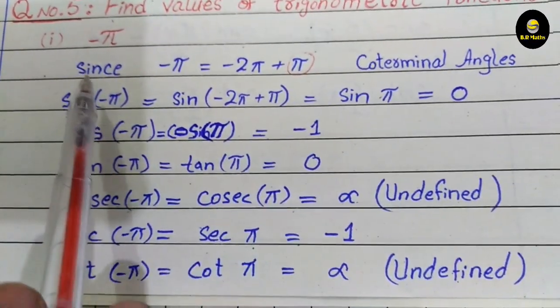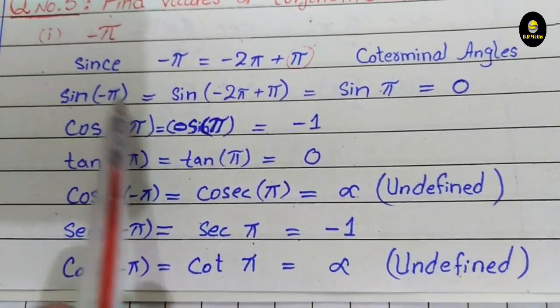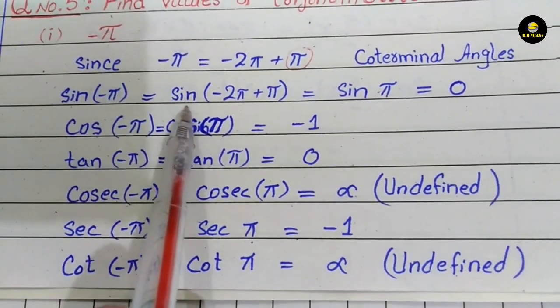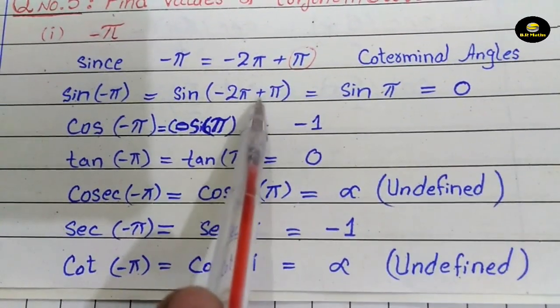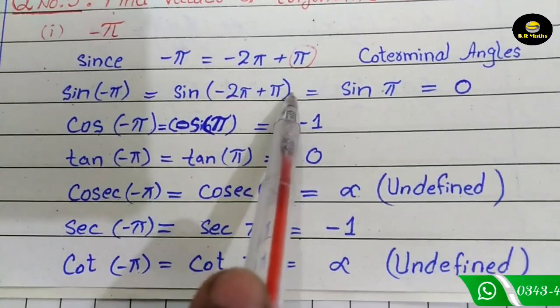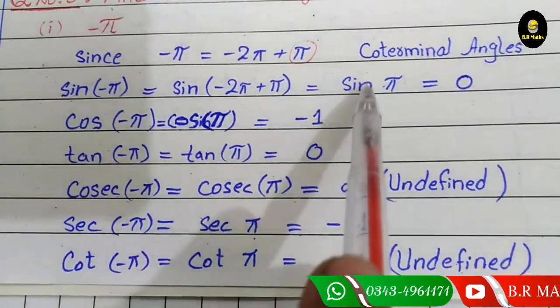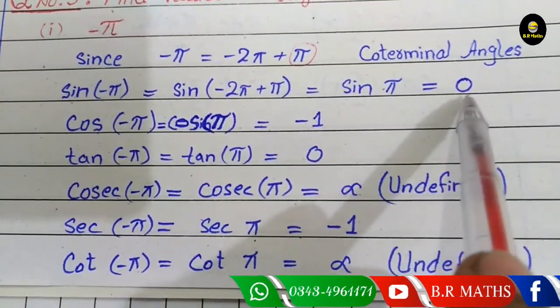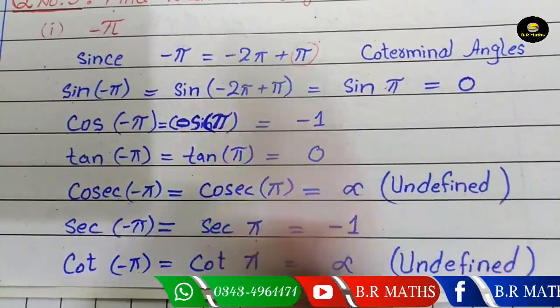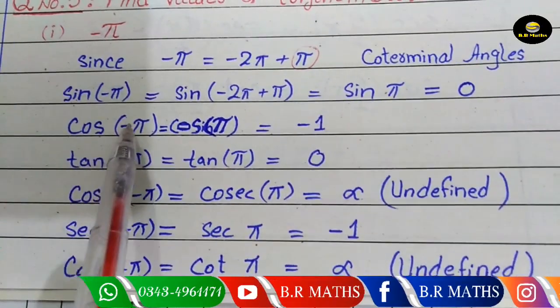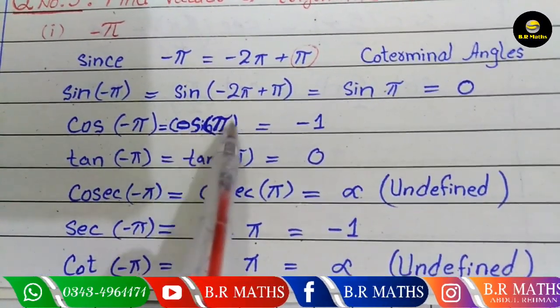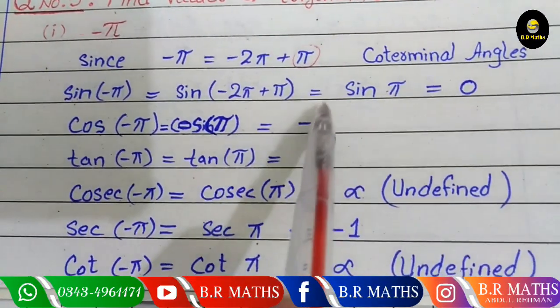So students, calculate sine of minus pi. Sine of minus pi is equal to sine of minus 2 pi plus pi, and after calculation, with the coterminal angle, sine of minus pi becomes sine pi. The value of sine pi is equal to 0. Similarly, students, cos of minus pi equals cos of plus pi, and cos pi means minus 1.